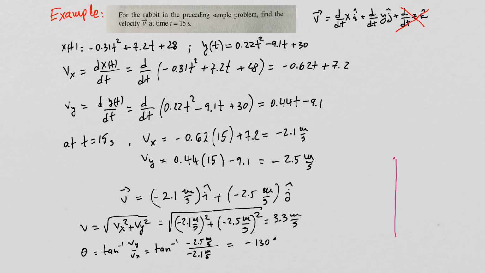So this is my y-axis, this is my x-axis, so the vector is somewhere here, and the angle is this angle, 130 degrees, measured from the positive x-axis in clockwise direction, so minus 130.